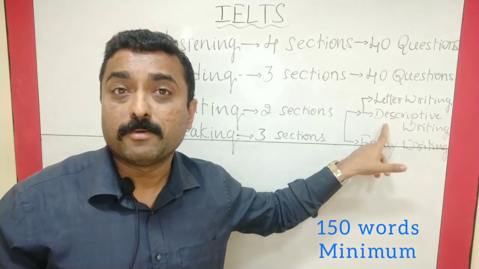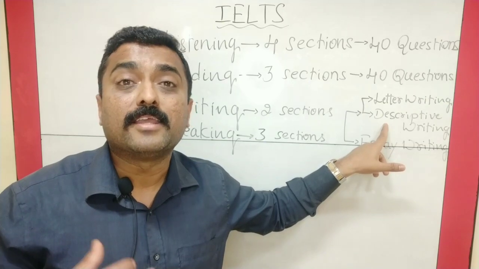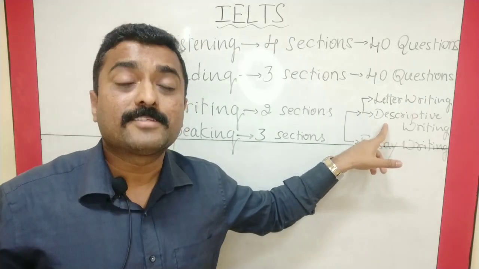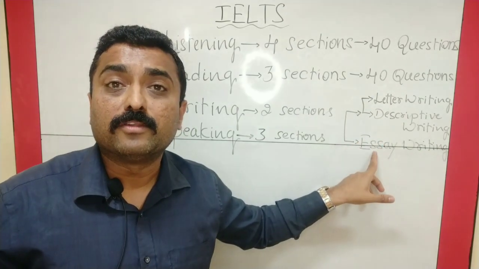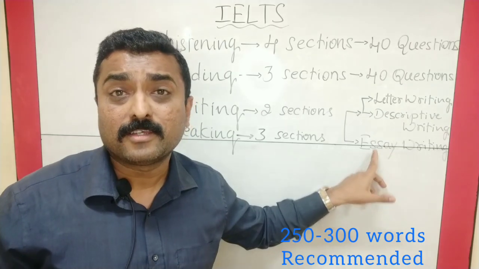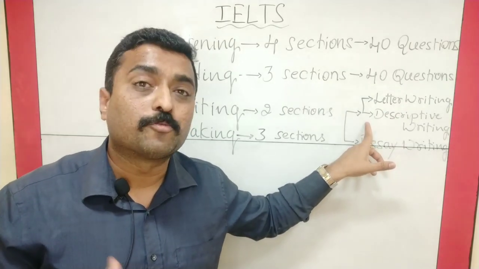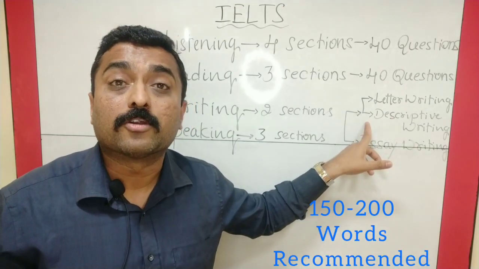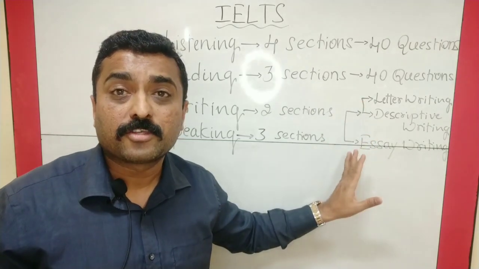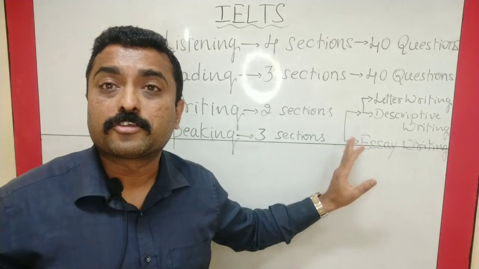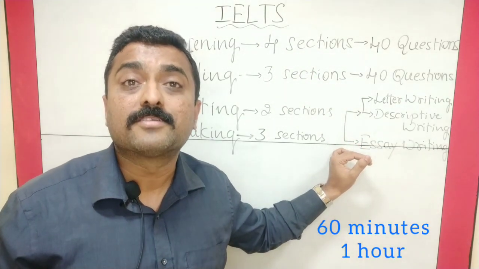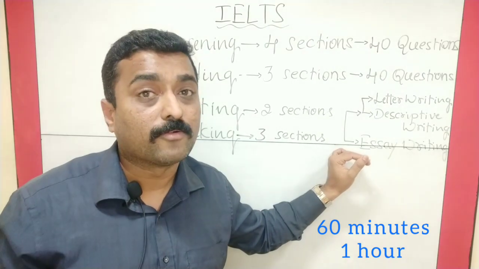They haven't set any cap as such, but it's always advised to keep it between 250 to 300 words for task 2, essay writing, and for task 1 it should be between 150 to 200 words. That's how it is. All right? So that is about the writing section. Put together, for section 1 and 2, we have 60 minutes ideally, that is 1 hour for writing.